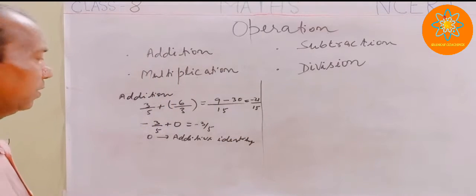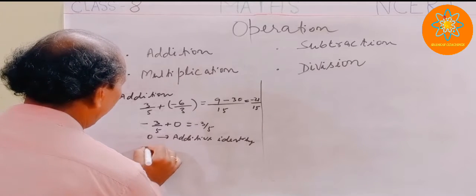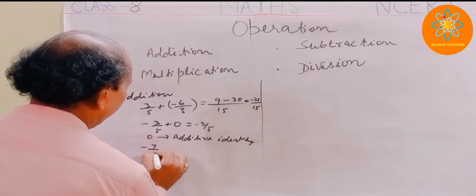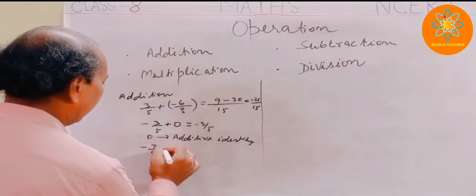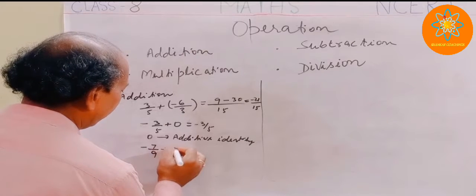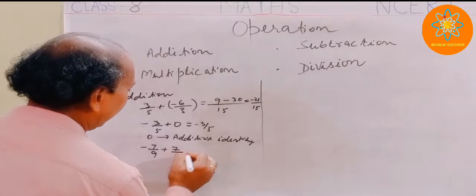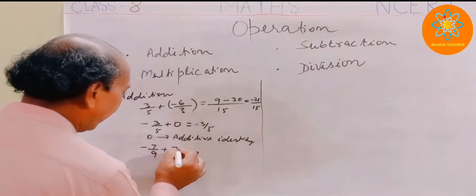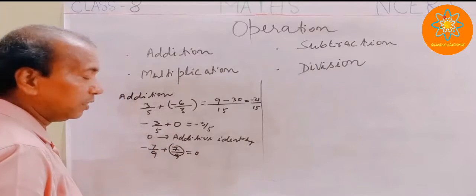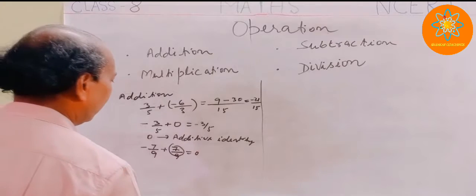Suppose I have any number, say minus 7 by 9, and I add plus 7 by 9 to it and I get 0. So this 7 by 9 is called the additive inverse.